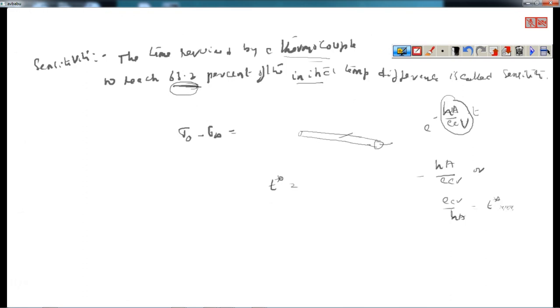This is also the time constant. Therefore, T by T star is equal to 0. The thermocouple should start taking readings only when it reaches the T star time period.